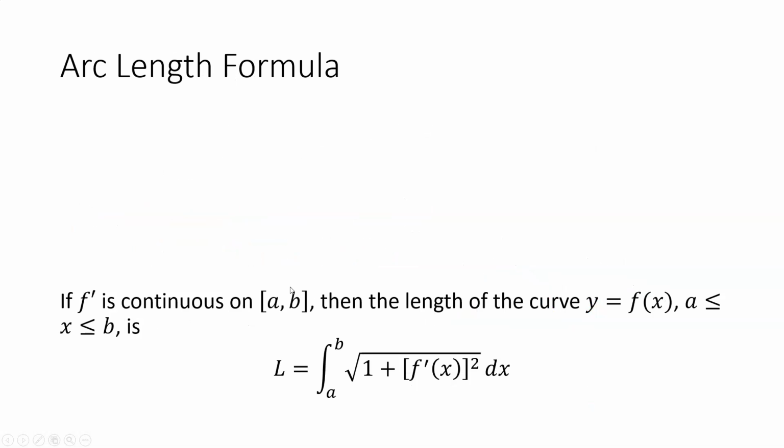So let's see what we can do to approximate that further. We know that here the P_{i-1} P_i distance is equal to the square root of delta x squared plus delta y_i squared.